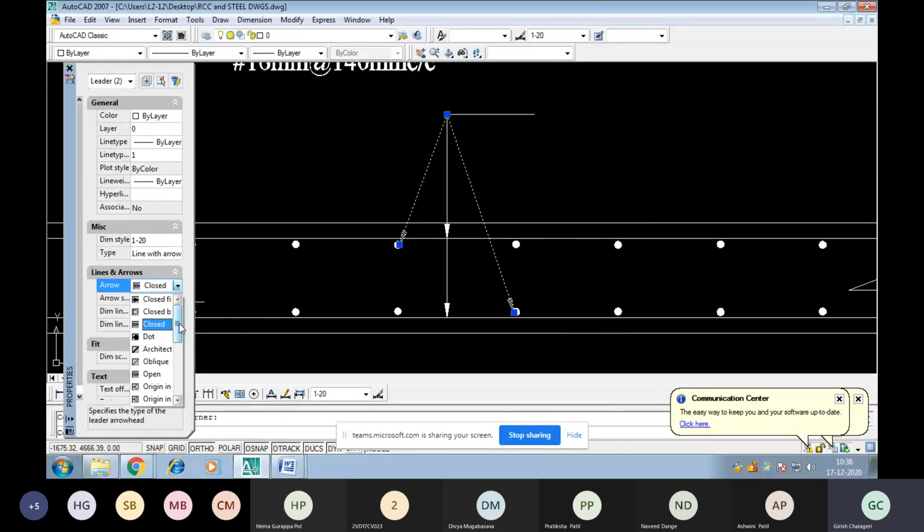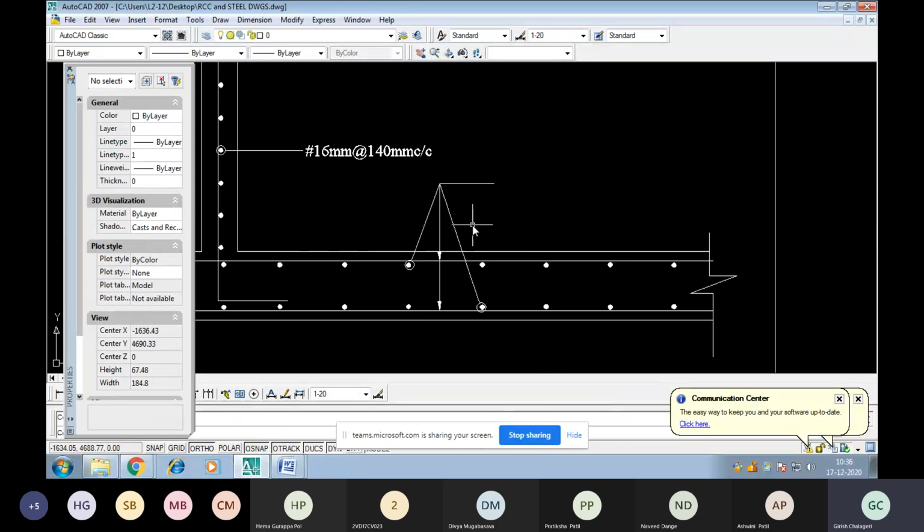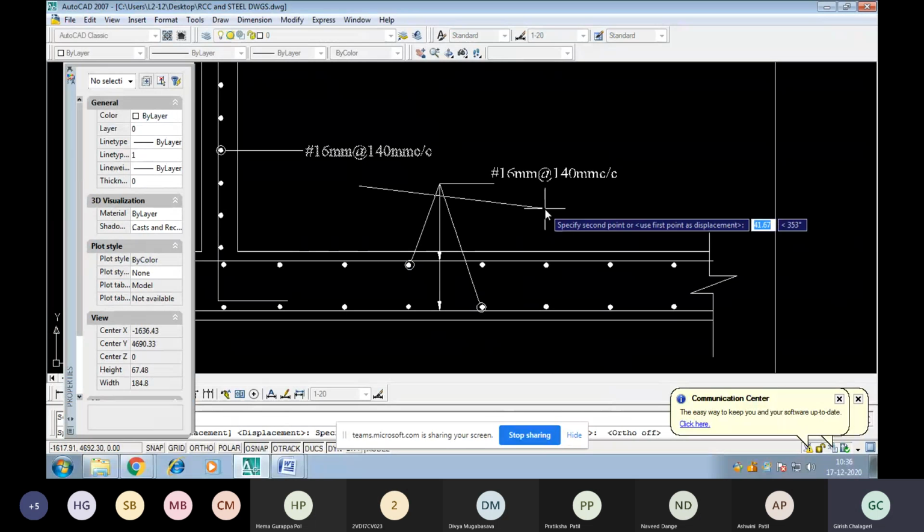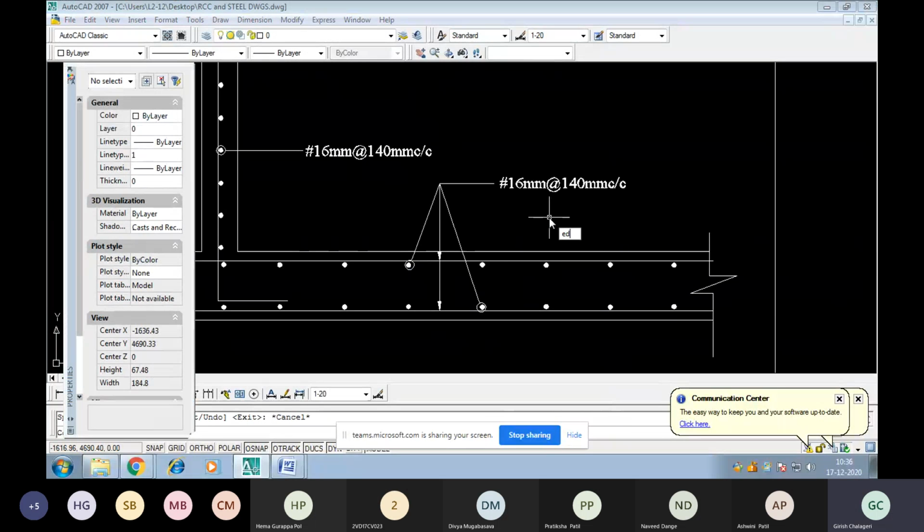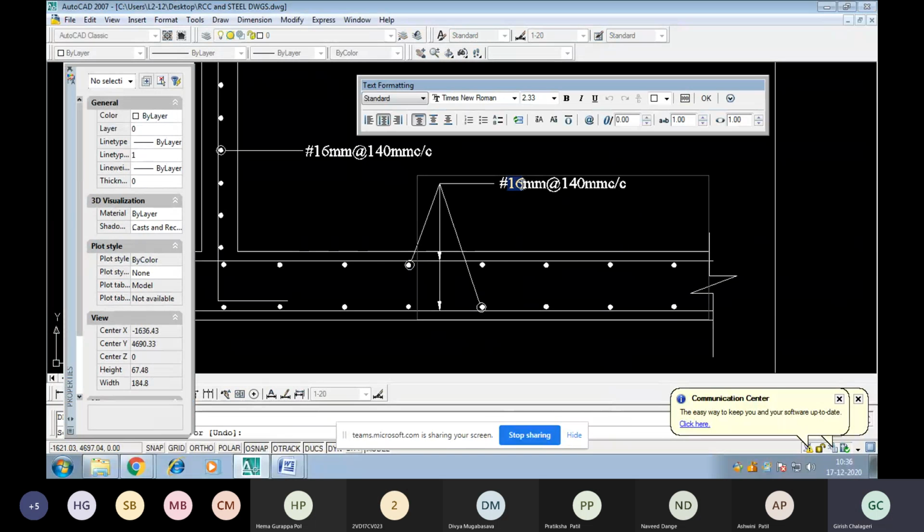Then I can write the reinforcement: we are providing 8 mm dia bars at 165 mm in all 4 ways.